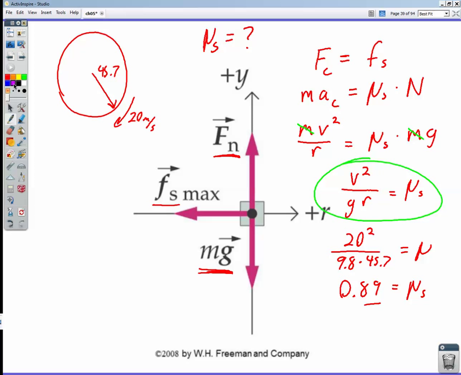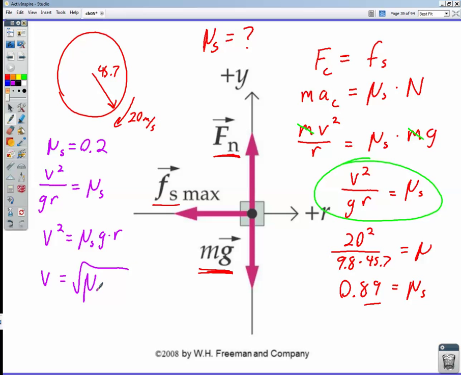So v squared is equal to mu g r, and taking the square root, the velocity is the square root of mu gr.